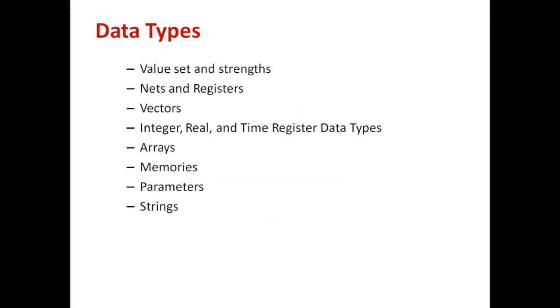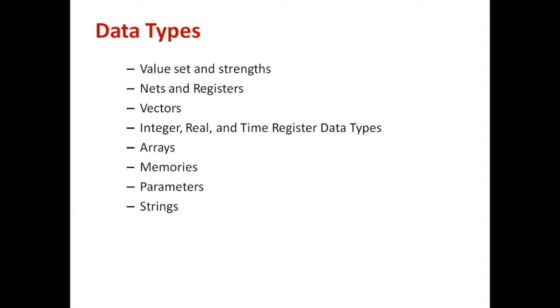Good morning, students. Let us continue and take on the next basic concept in our Verilog HDL, that is data types. Verilog HDL supports 4 values. Those values will be having different strengths for each and every value.